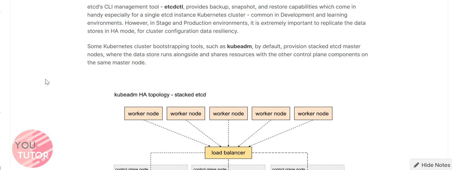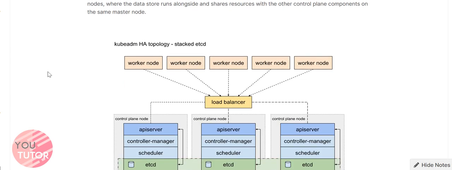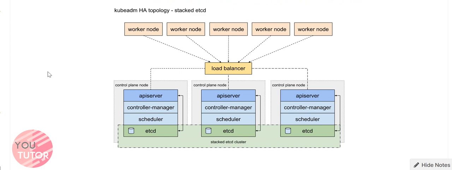Some Kubernetes cluster bootstrapping tools, such as kubeadm, by default provision stacked etcd master nodes, where the data store runs alongside and shares resources with the other control plane components on the same master node.